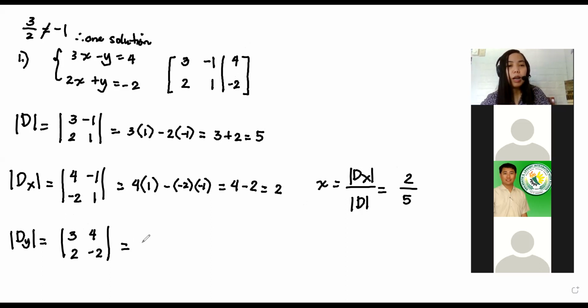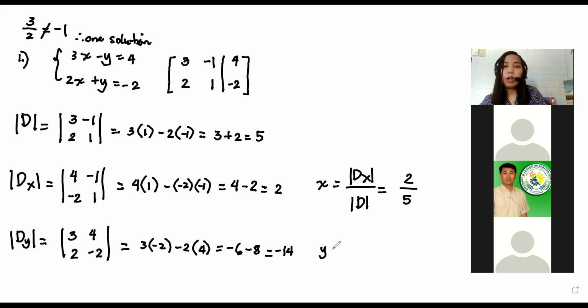So 3 multiplied by -2 minus 2 multiplied by 4. Then simplify, 3 multiplied by -2 is -6. -2 times 4 is -8. So we'll have -6 minus 8, which is -14.